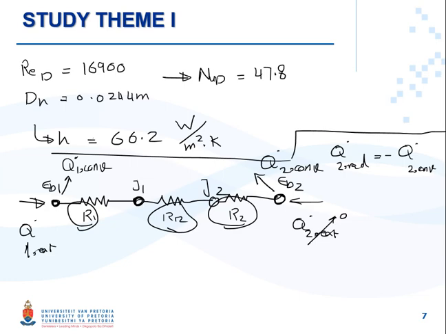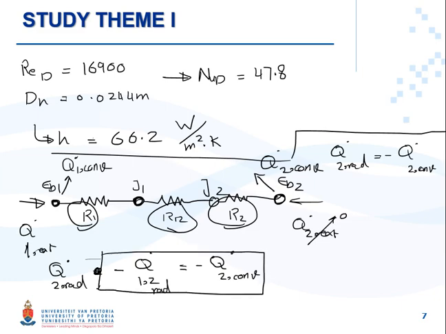So Q2 radiation is equal to minus Q1 and 2 radiation, as we just explained previously from page 786 of the textbook for a two-surface enclosure, which will be equal to minus Q2 convection. Okay.